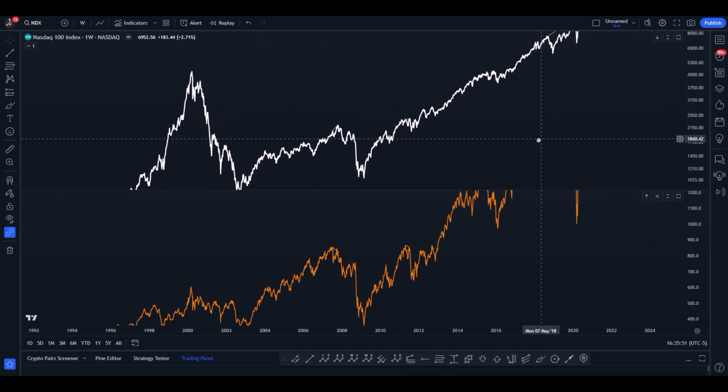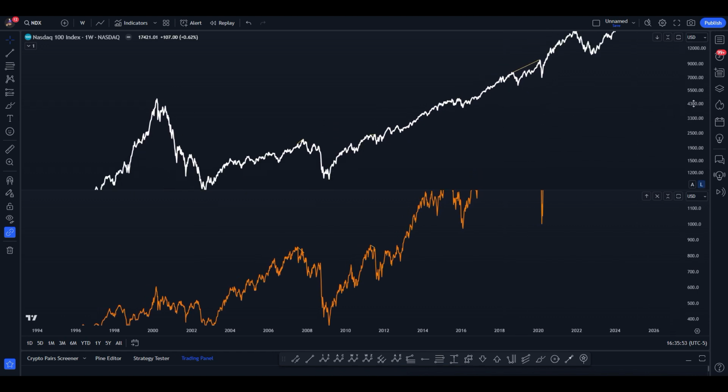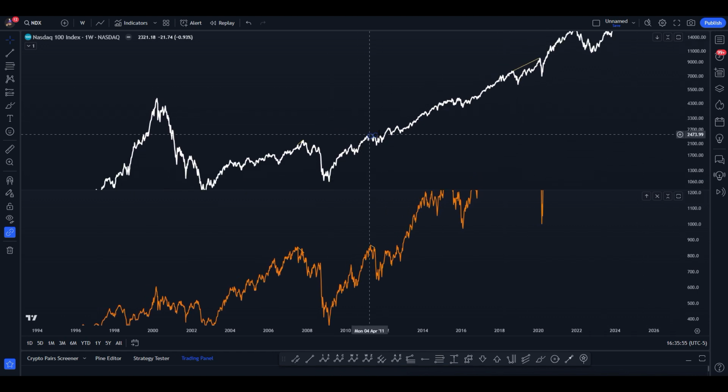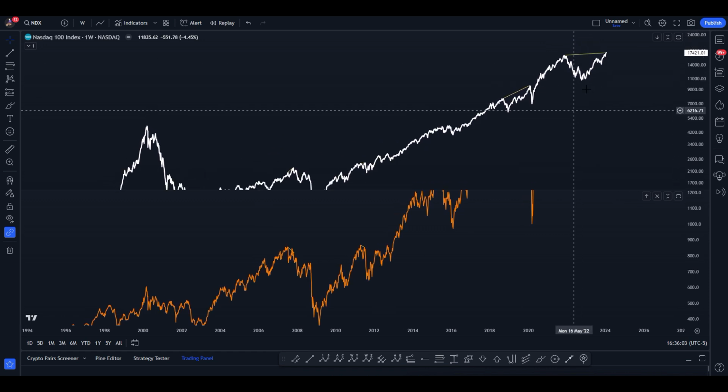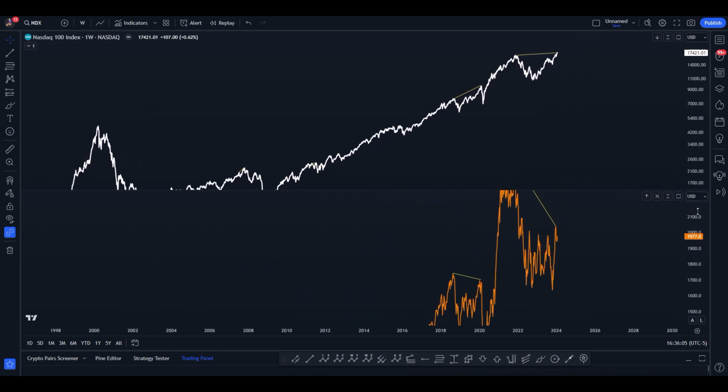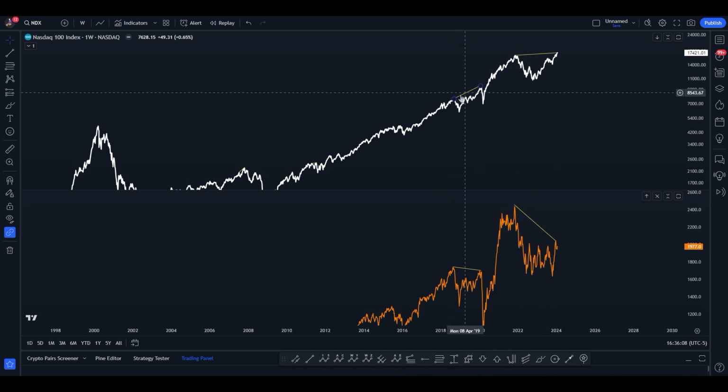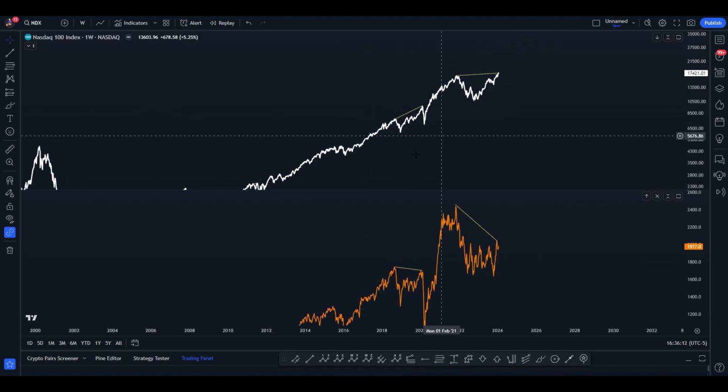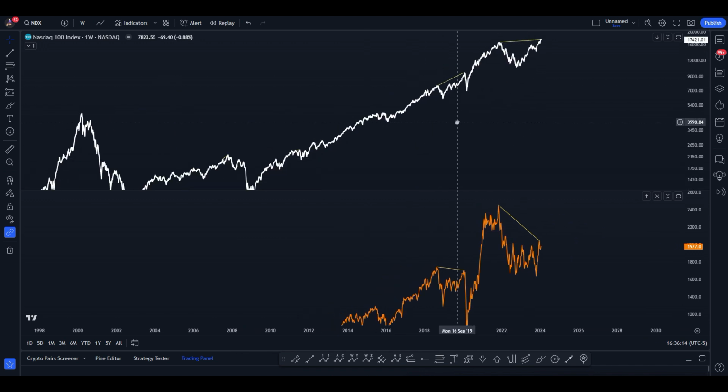But all of these things have one thing in common, with the exception of this smaller one here. All of these are B waves. Every stinking one of them. This was a B wave. This was a B wave. This is a B wave. All of them are B waves.